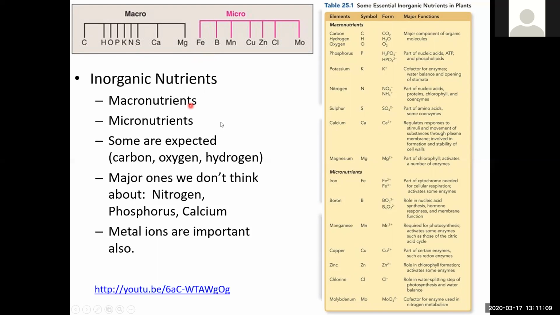Okay, so these macronutrients are shown on the side, major components of organic molecules. Nitrogen, we need it to make nucleic acids, so for DNA, chlorophyll, coenzymes, a whole bunch of stuff. And then the micronutrients are those like iron, boron, manganese, copper, zinc, chloride, and molybdenum, where they are needed in smaller amounts for certain parts of reactions or chlorophyll or photosynthesis, nucleic acid synthesis again, things like that.